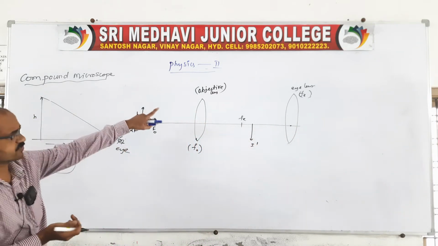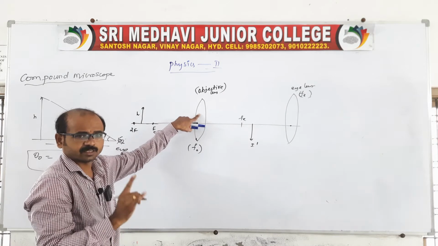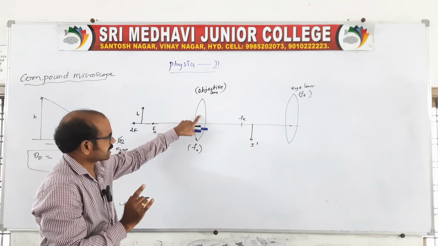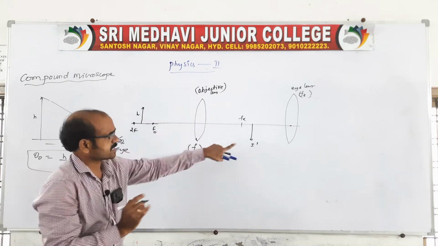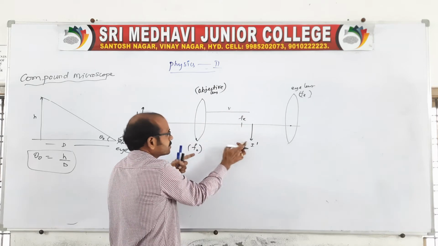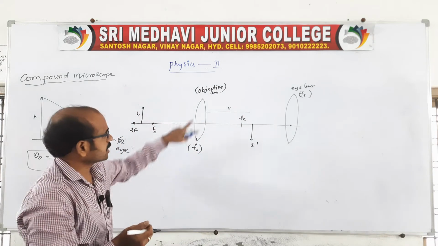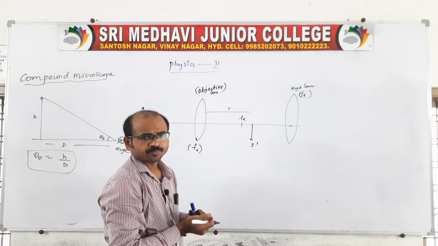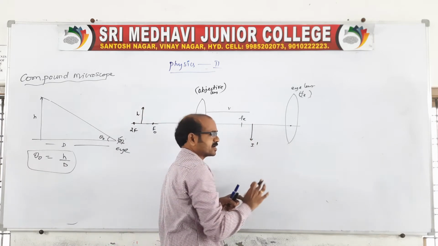So the image is formed by the objective lens. Here is very, very important information: the image formed by this lens is at a distance v. This image is real, inverted and enlarged.